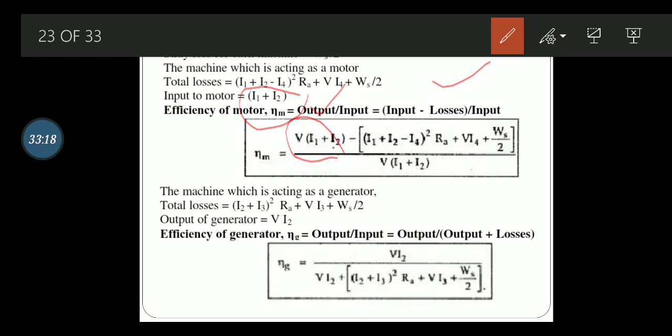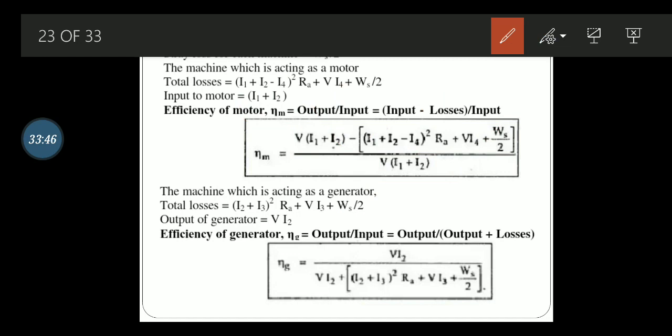The input is V into bracket I1 plus I2, then the losses are these: the stray loss, and the copper losses and the constant losses, and this is again the input to the motor.